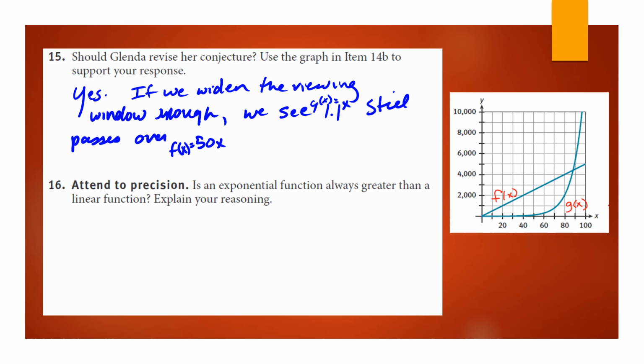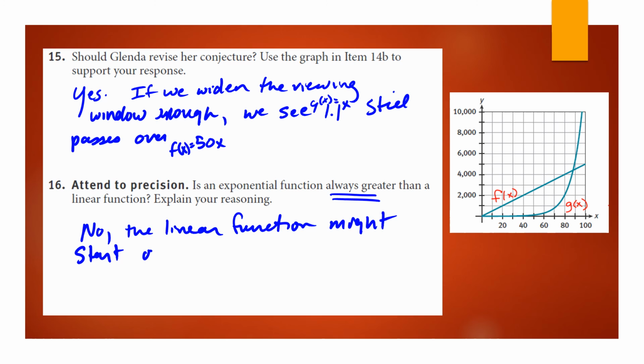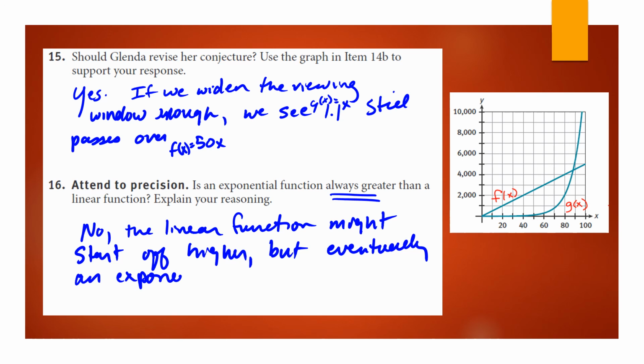Is an exponential function always greater than a linear function? No, the linear functions were greater at first. The linear function might start off higher. But eventually, an exponential function will always pass it.